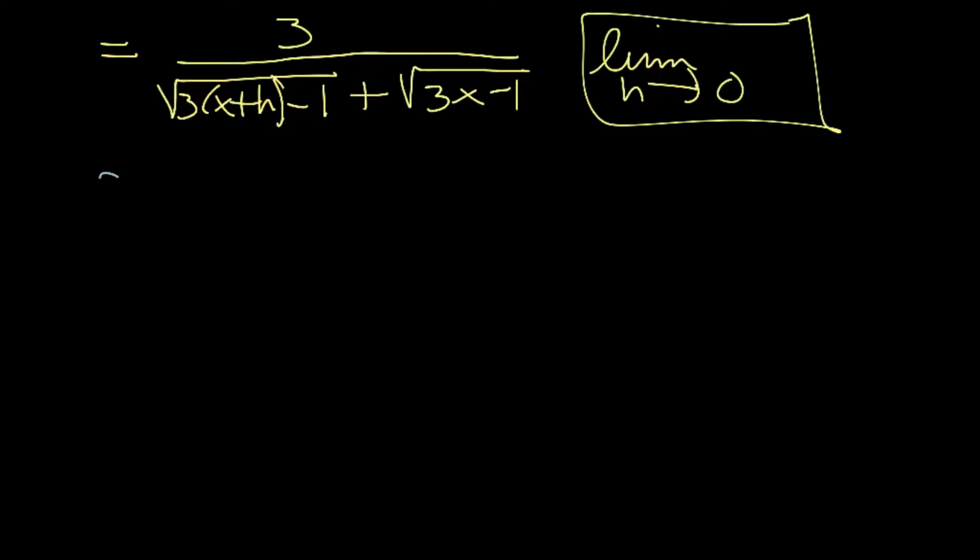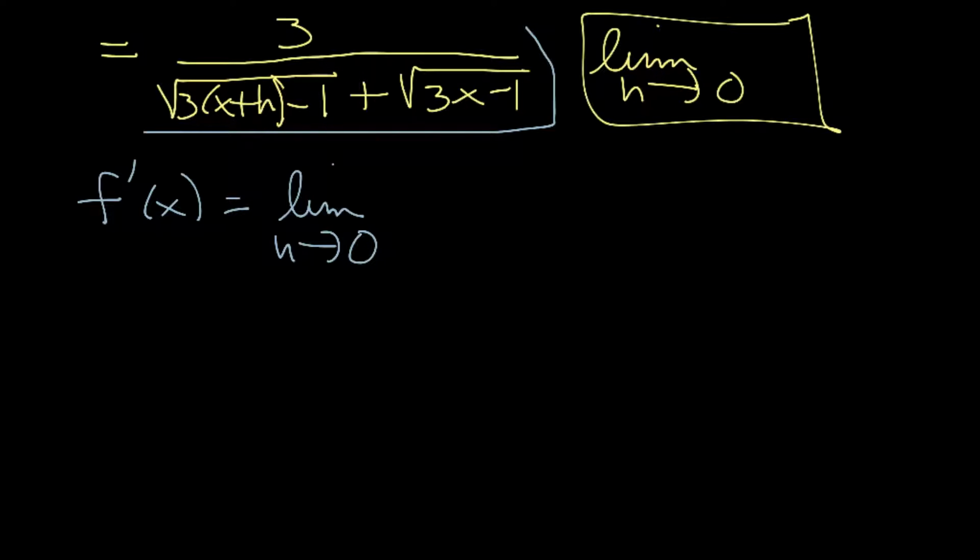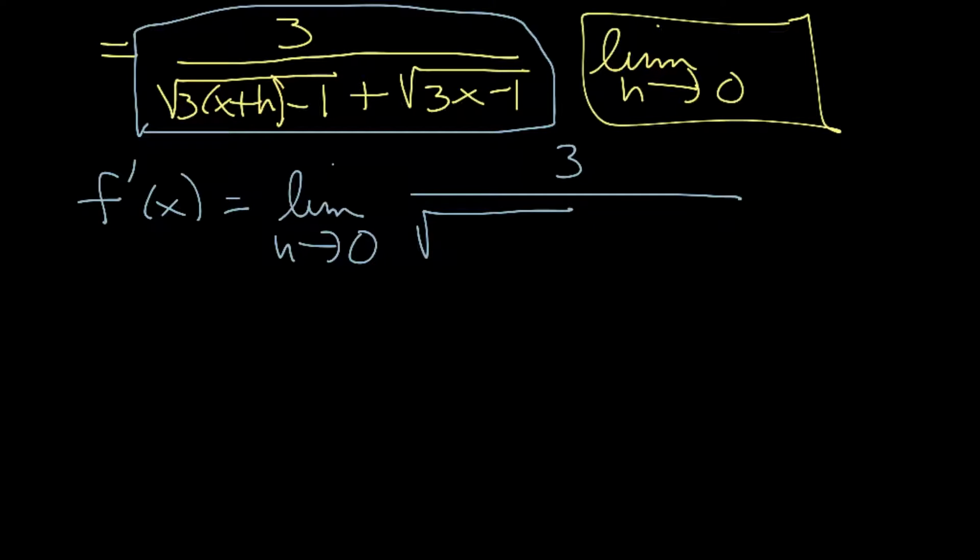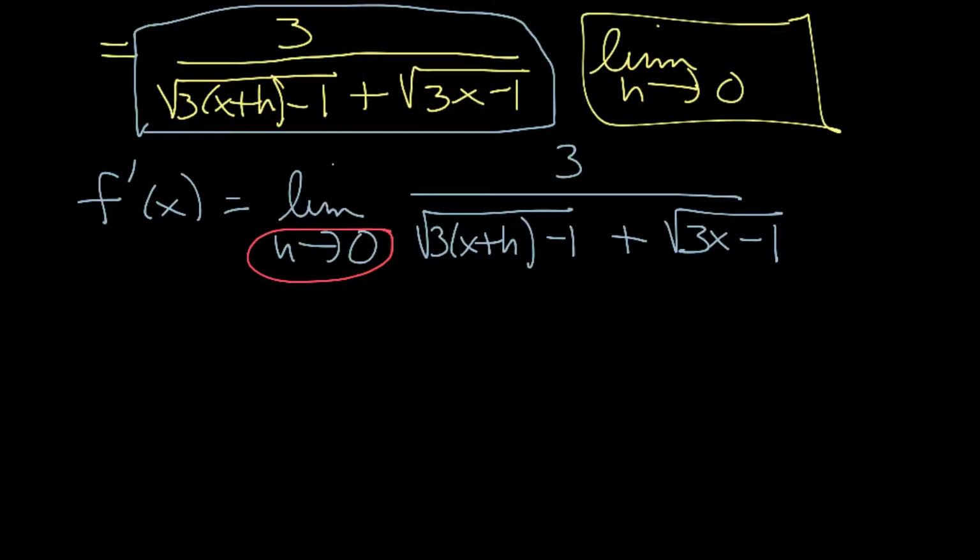To finish the problem, recall that the derivative was the limit as h goes to 0 of f of x plus h minus f of x over h, and we've seen that that is 3 divided by the square root of 3 times x plus h minus 1 plus the square root of 3x minus 1. And now we're going to let h go to 0, so the only place h occurs here is in the denominator.